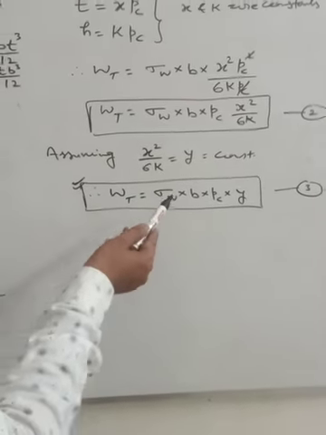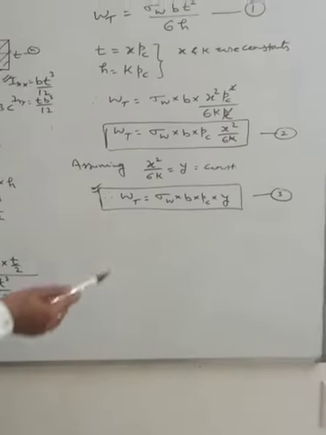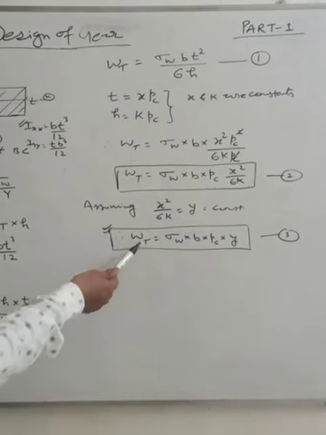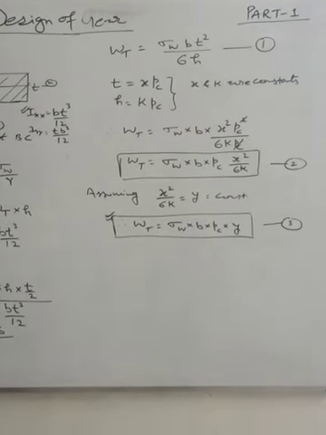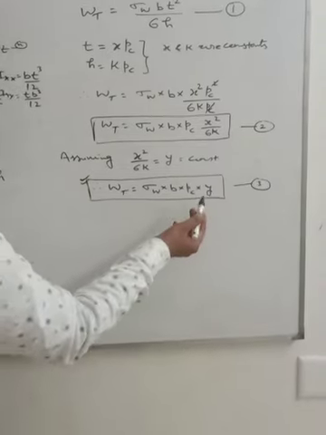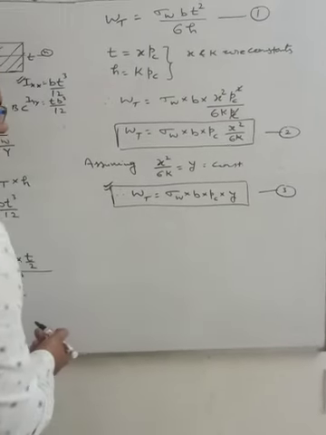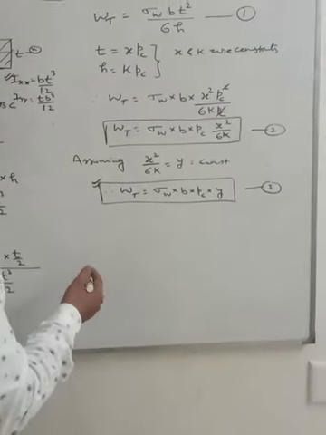Now the Lewis equation is used for finding out the tangential load carried by the weakest tooth. In this, y is known as the Lewis factor or form factor.